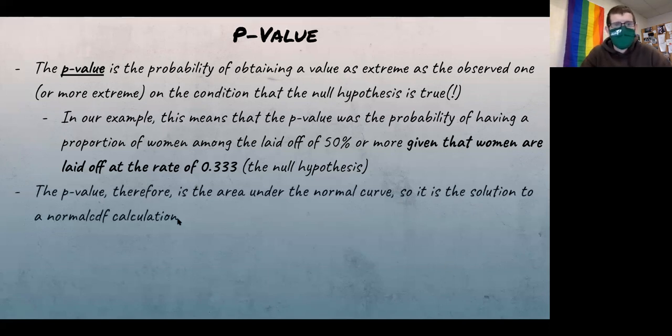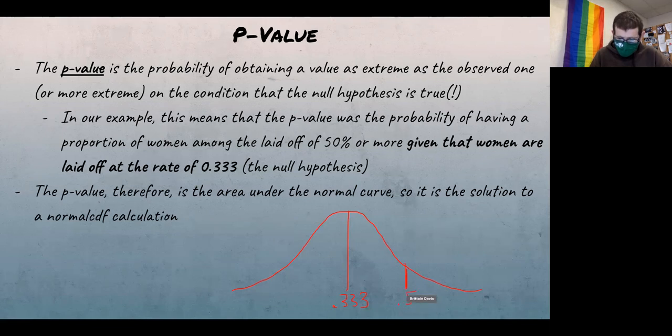So the p-value represents the area under the normal curve. So let me kind of diagram this out, because we will always be showing this on a curve. In this example, we would say 33% is the likely outcome. If we did this over and over and over again, we actually saw this in our scenario, 33% is the most likely outcome. 50% lives somewhere over here.